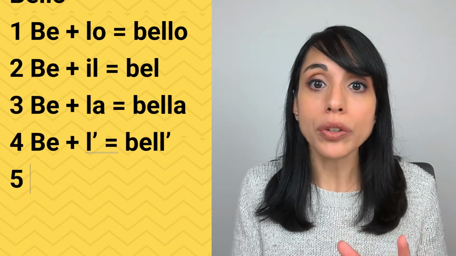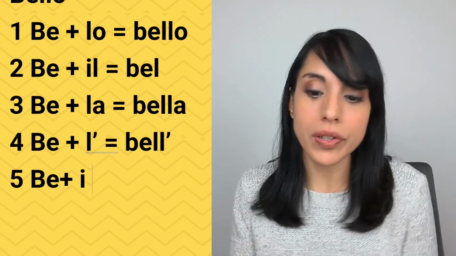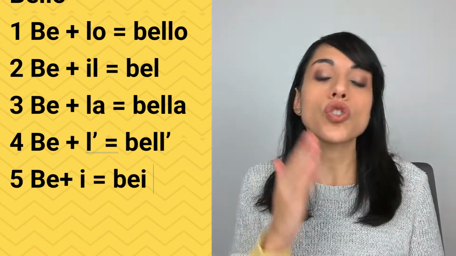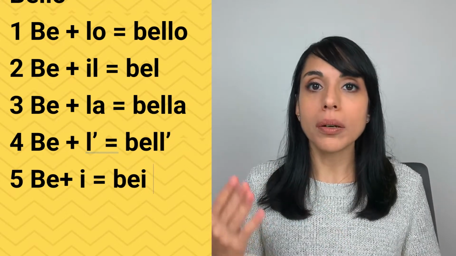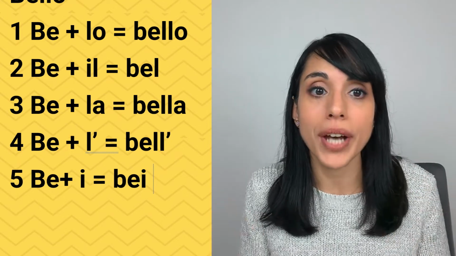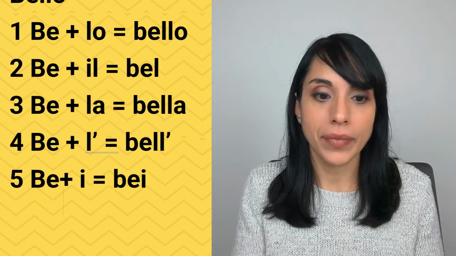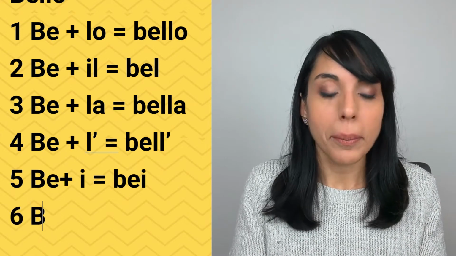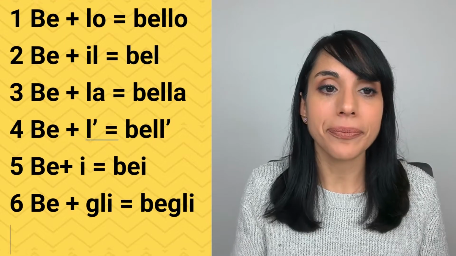The fifth, il quinto. Be plus i. We're getting into plurals. Bei. So when will you use bei? You will use it with a plural masculine noun beginning with a consonant, exactly the same way as you would use i. Bei. Be plus gli. Begli.